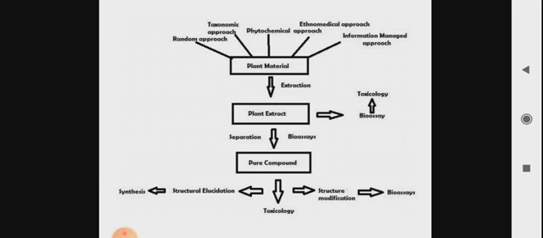Then go for the toxicological study or lethal study, means what is the lethal dose of that plant extract. So find out their toxic dose level or toxicity first in animals, then maybe in human beings for clinical trials.